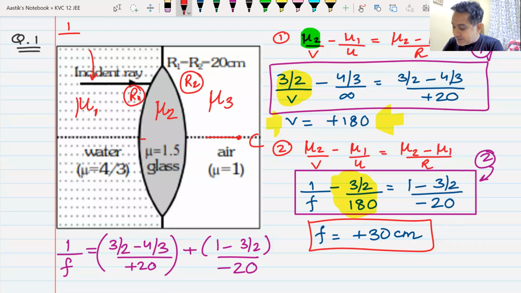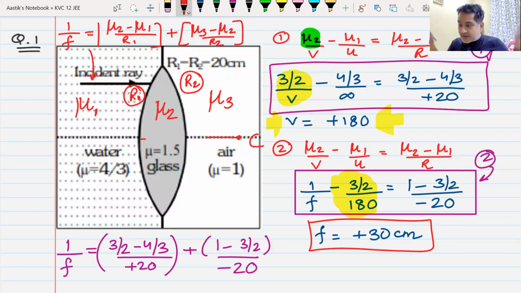The formula for 1 by f will be equal to (mu2 minus mu1) divided by r1, proper sign convention, plus (mu3 minus mu2) divided by r2, proper sign convention, and we have the formula for this combination. Don't have to do all this. You have this. Yes or no? Everyone understands this, sir? Yes, sir.